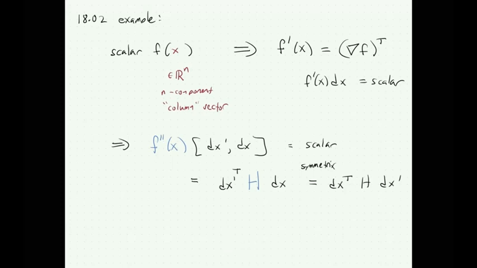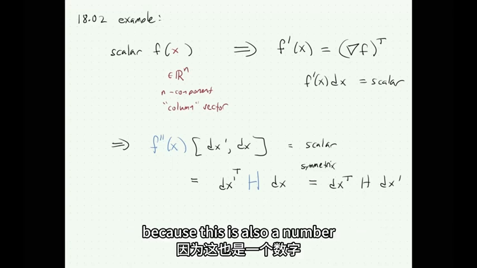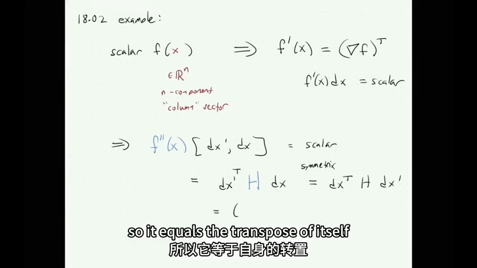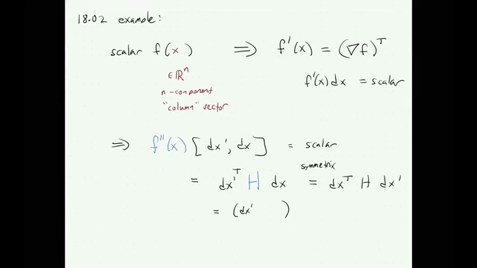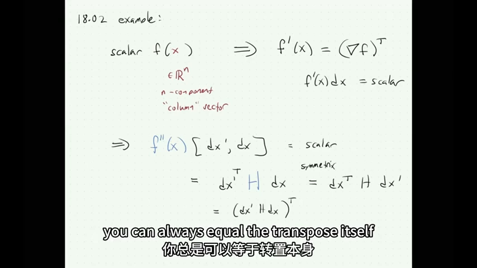But that means actually it has to be a symmetric matrix, because this is also a number, so it equals the transpose of itself. This is true for any number. You can always equal the transpose of itself.